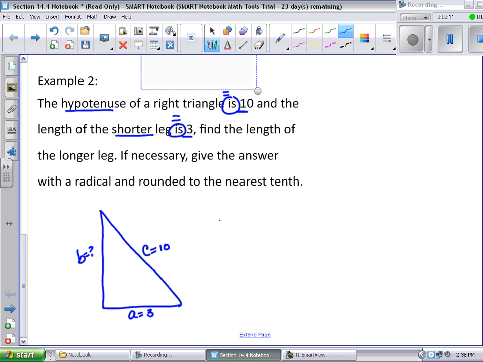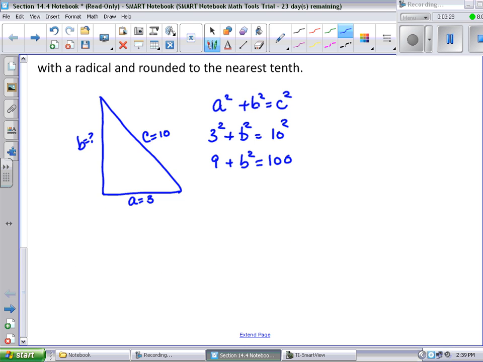So we'll have A squared plus B squared is equal to C squared. So we'll have 3 squared plus B squared is equal to 10 squared. Or we'll have 9 plus B squared is equal to 100. Now I will need to get the B squared by itself, so I'll subtract 9 from both sides, and I'll have B squared is equal to 91.